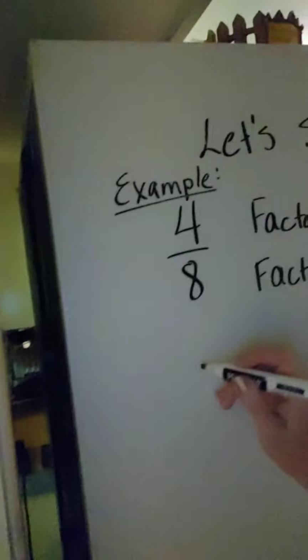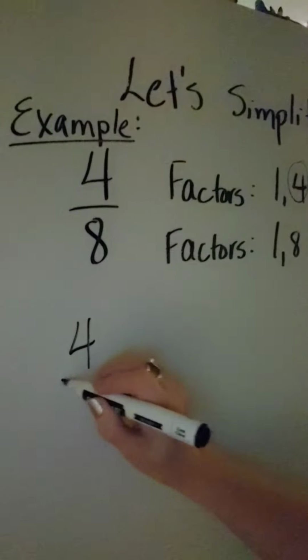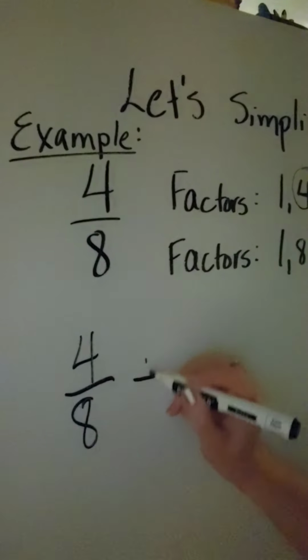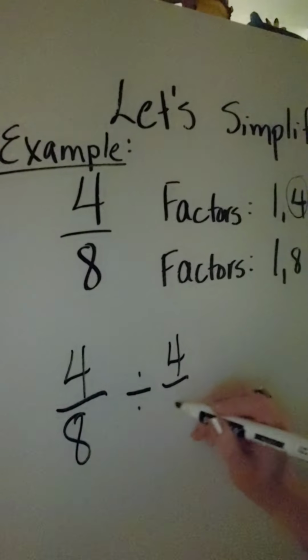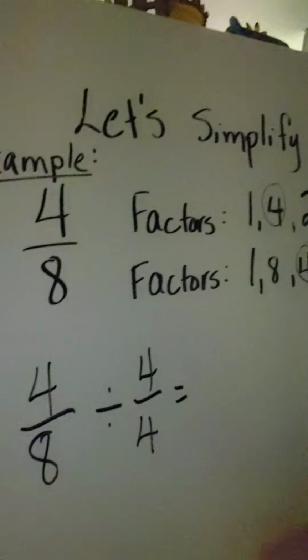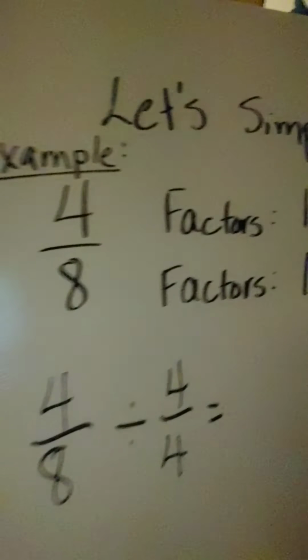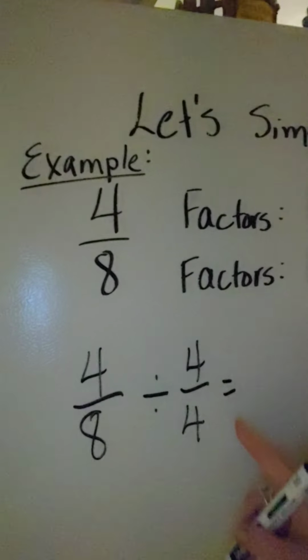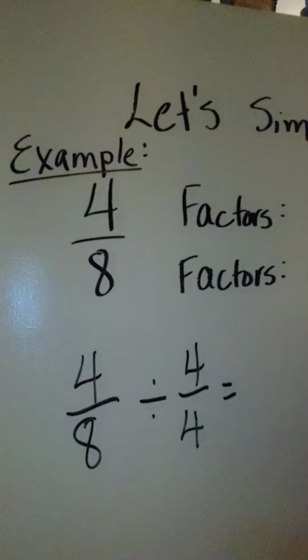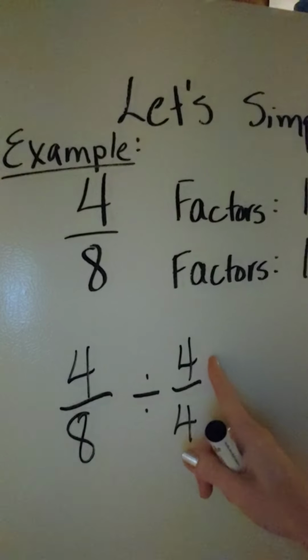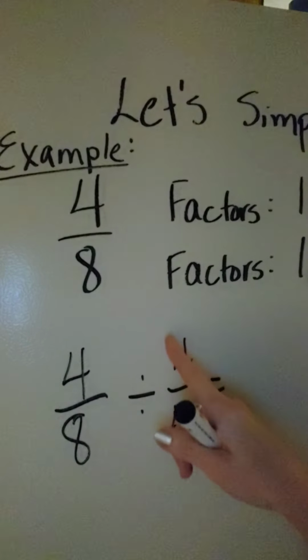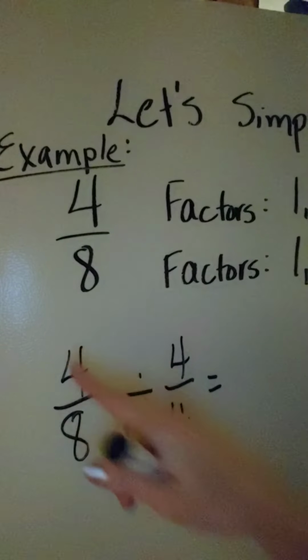Now, our last step is that we take that 4 and divide the numerator and the denominator by it. So let's do that step. So we have 4/8 divided by 4 over 4. What we're asking when we divide, remember, is that dividing is breaking that number down into parts. So what we're asking is how many groups of 4 are in the number 4?